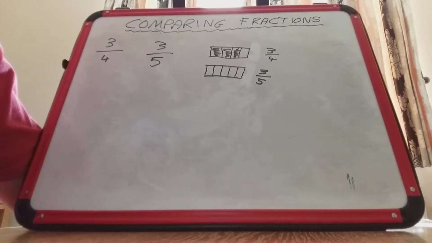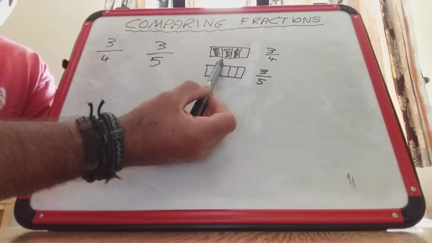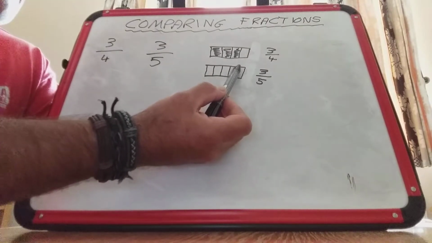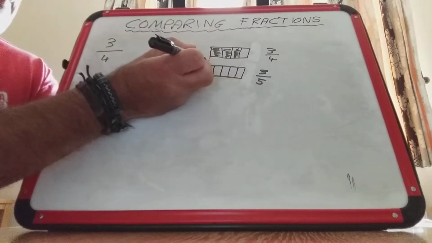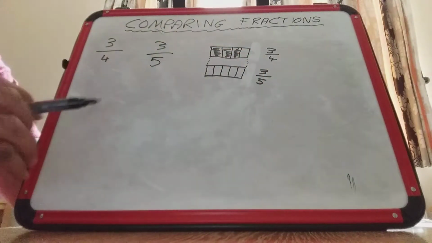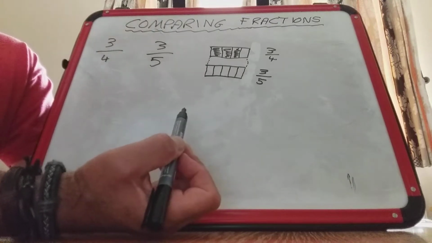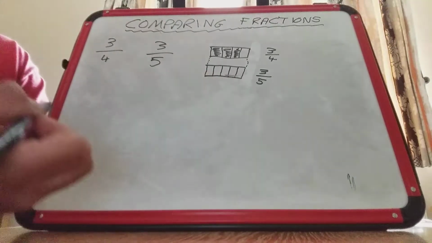Then we want to compare that with 3/5. The rectangle has got to be exactly the same size as the first rectangle. The width of the rectangles has got to be the same, because otherwise you can't compare. Then you divide this bottom rectangle into fifths.